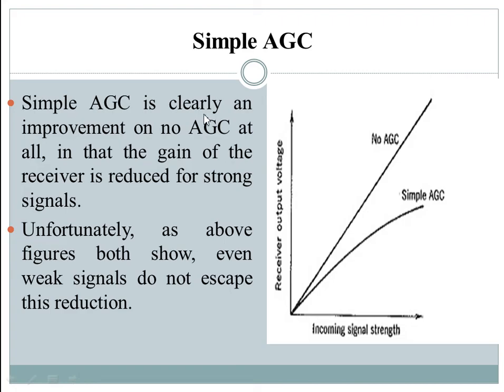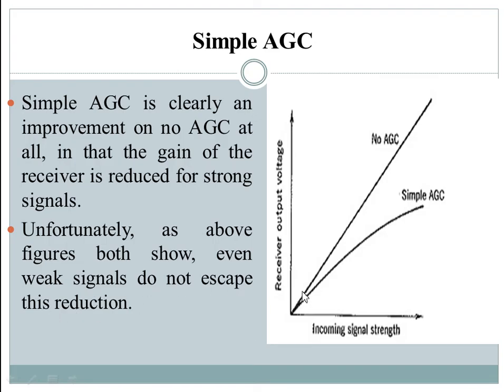Simple AGC is clearly an improvement on no AGC at all. If you observe here, this is the no AGC graph. It is a straight line, but for simple AGC the signal strength is slightly decreasing. This is the advantage compared with no AGC. But the disadvantage is, as both figures show, even weak signals do not escape this reduction.